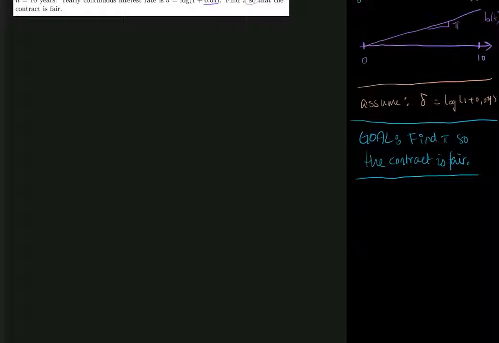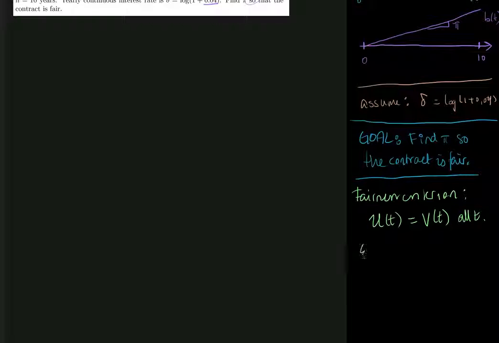Well, the fairness criterion given in the book states that a contract is fair if the present value at time t of all past net contributions is equal to the present value at time t of all future net benefits for all t.